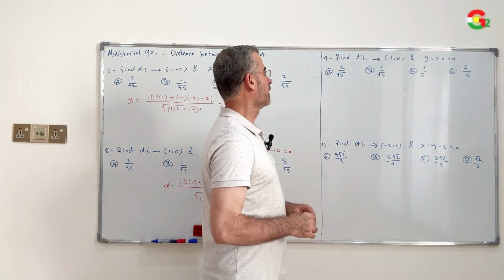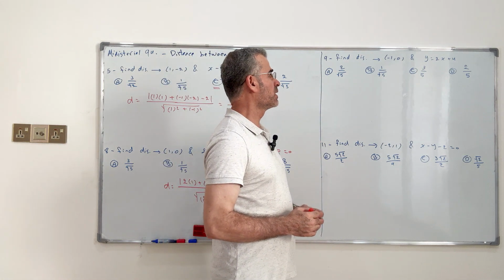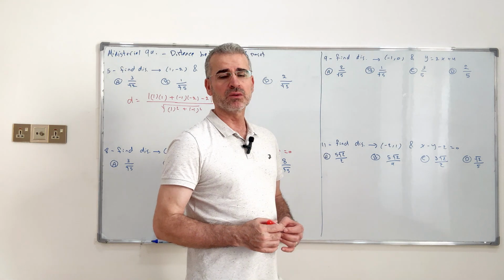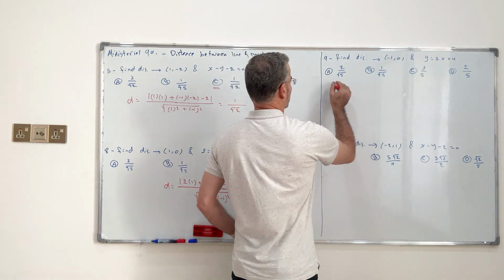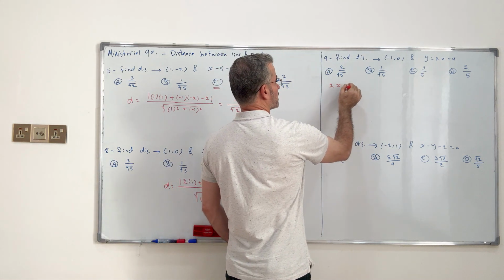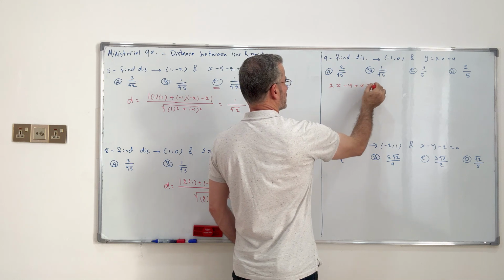Question number 9, find the distance between the point negative 1, 0 and the line y equals 2x plus 4. Rewrite the equation in general form: 2x minus y plus 4 equals 0.